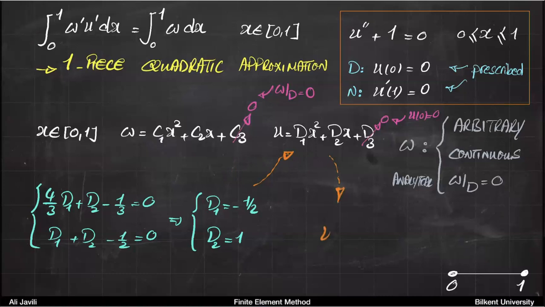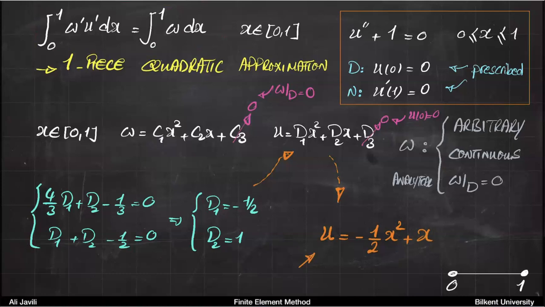So u would be minus 1/2 x squared plus x. This is very interesting because we got this from the weak form, but if you remember, this is exactly identical to the analytical solution.